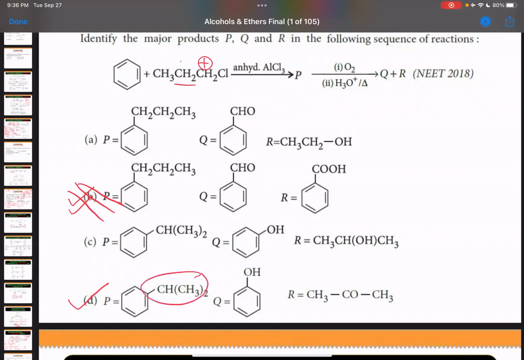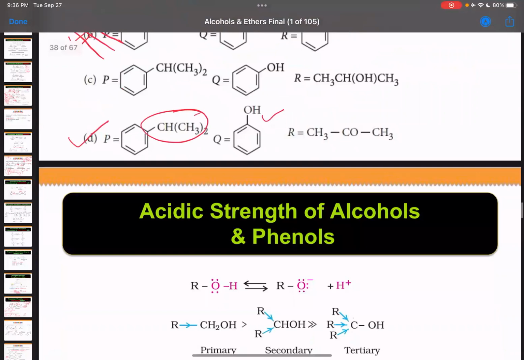So this is again cumene, right? Always remember. Clear, everybody? Now you have the hydroperoxide followed by hydrolysis, which will give you phenol and acetone, right?